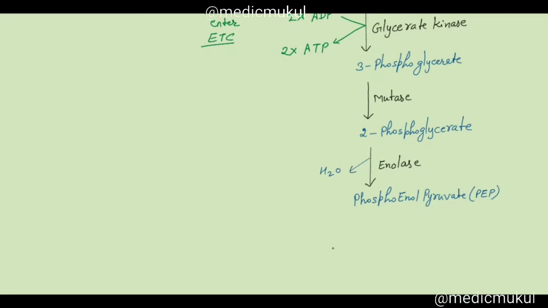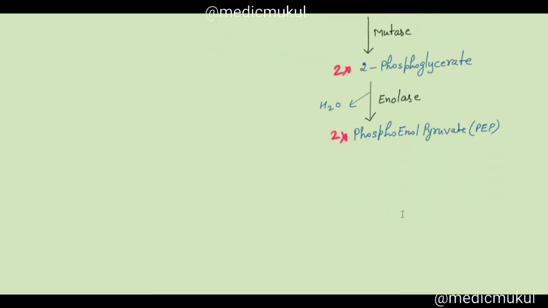So in all these processes that we are doing, with 2 multiply, 2 multiply, 2 multiply, 2 molecules will be formed. Then this PEP, phosphoenol pyruvate, one enzyme will be used here. I'm not telling the enzyme now, you think about the enzyme.